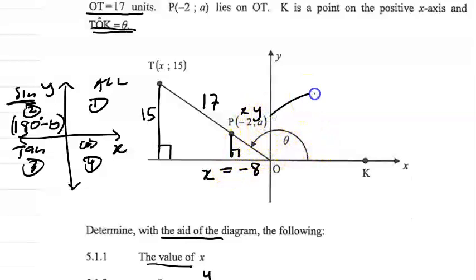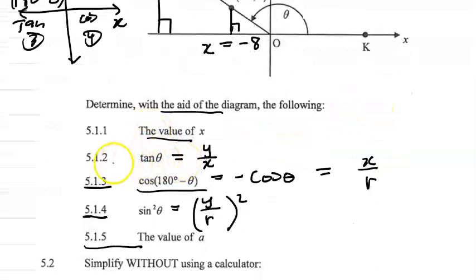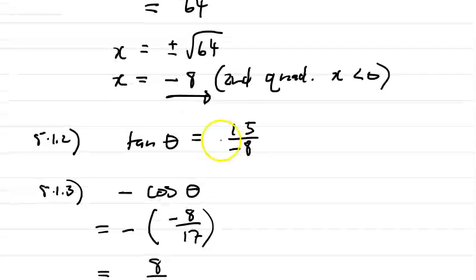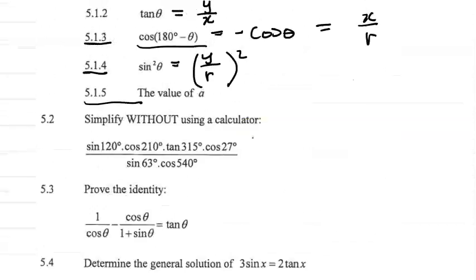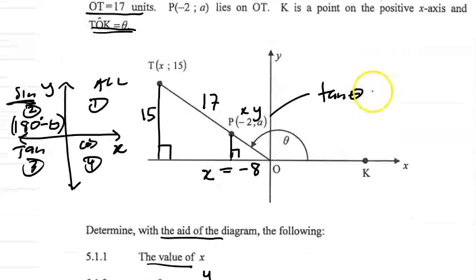So therefore, I can use tan of theta because the angle is the same. But I already found tan of theta. Tan of theta was in 5.1.2. We already found it. And tan of theta was, there's our answer here, 15 over minus 8 or minus 15 over 8, right? So basically tan of theta is 15 over minus 8.